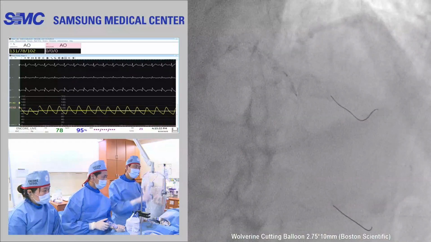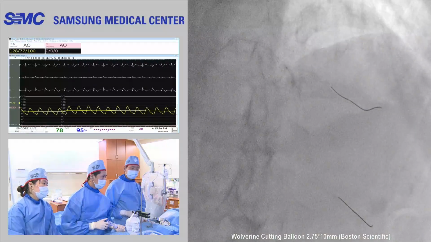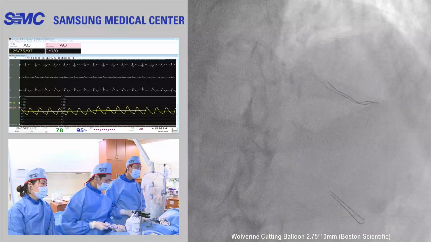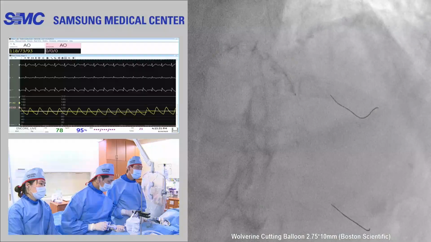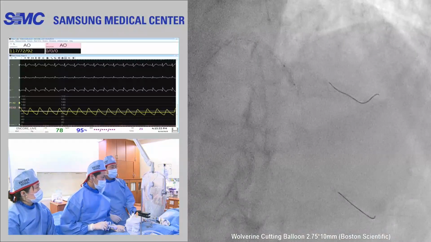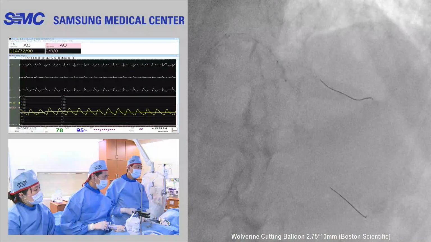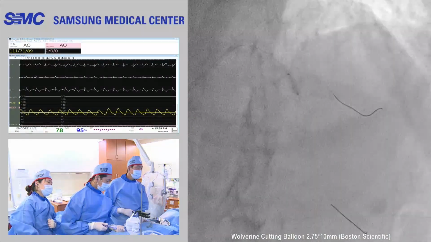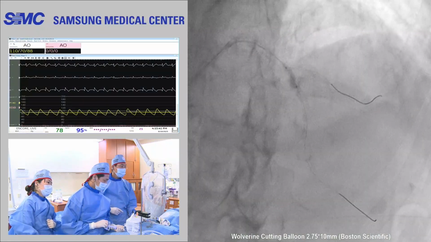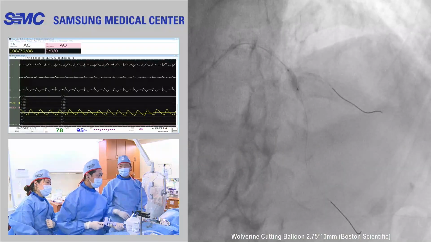Yeah, it's a little bit distal, right? 5. And 6. 6 is nominal pressure, but it is not expanded yet. Then 8. 10. And maybe I try a little bit more proximally.